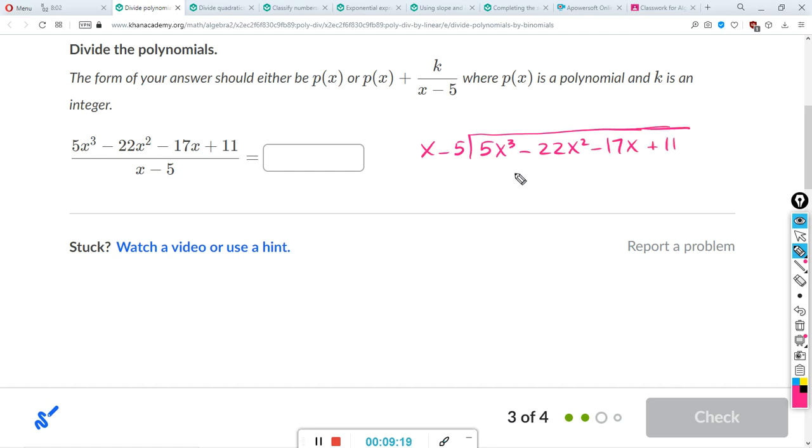All right, notice it counts down the exponents: 3, 2, 1, 0. Okay, so what times x is 5x to the third? Well, that's just 5x squared. Okay, 5x squared times x. 5x squared times negative 5.